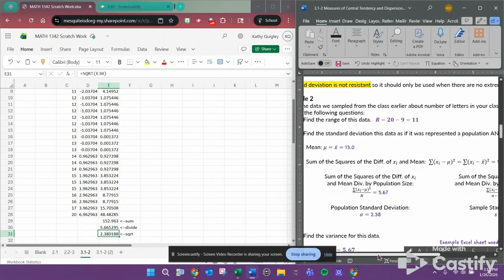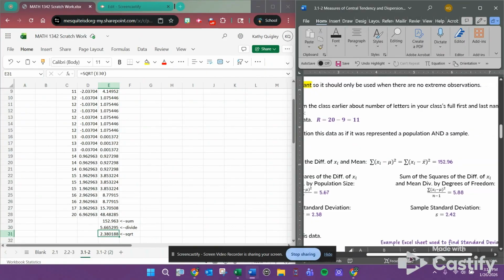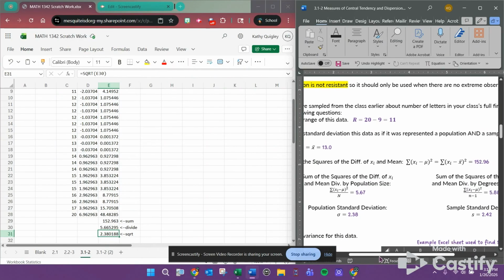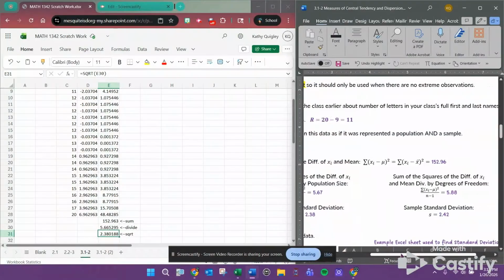Now, if you'll notice, I kind of broke this down bit by bit. So we have the sum, we have divided by, and then we have sigma, our population standard deviation. Now, these formulas only get different in the very last step when we get to degrees of freedom, because we are no longer dividing by population size for sample standard deviation. We are dividing by the degrees of freedom.